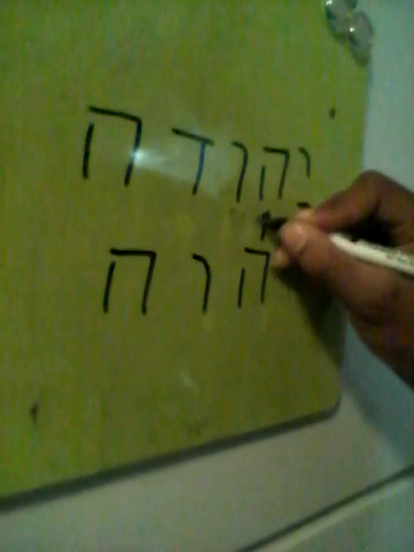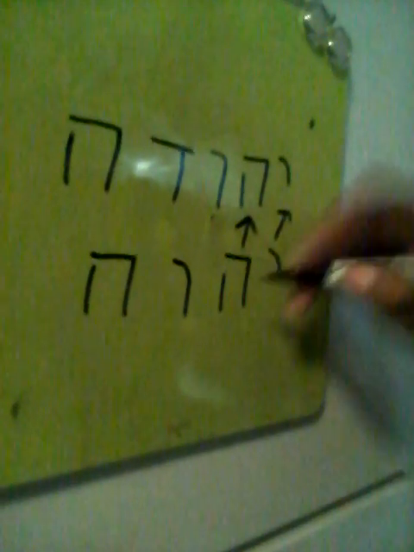In the tribe of Judah, Yahudah. Only thing that's left is the Dalet. What is the Dalet? The door. John chapter 10. Him and his Father are one. You see him, you see the Father. All right?